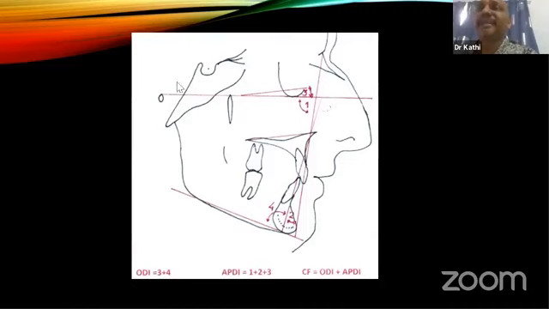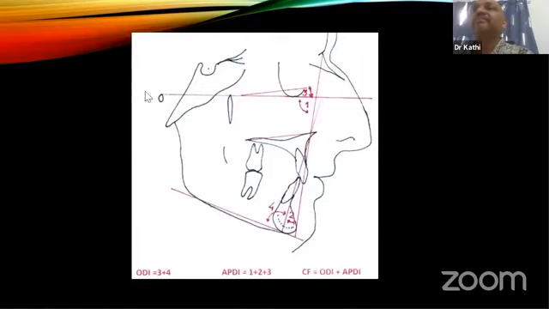His cephalometric analysis shows clearly if the patient has a skeletal open bite or a skeletal deep bite. The degree we take into account is this: we draw a line from A and B and drop it down to the mandibular plane. So this degree, 4, is the degree between A-B and the mandibular plane. This is a figure we have to keep in mind.